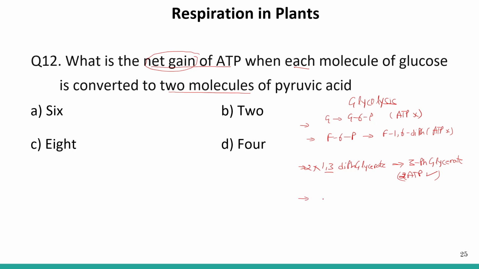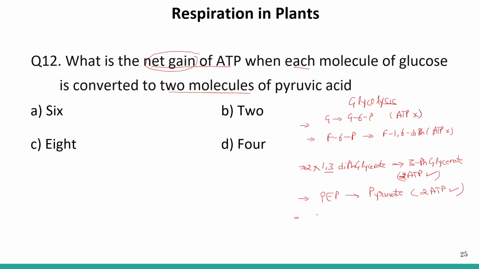Now what happens later? When phosphoenolpyruvate is converted finally into pyruvate, here also 2 ATP are generated.